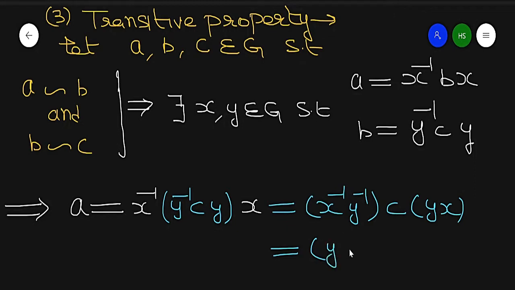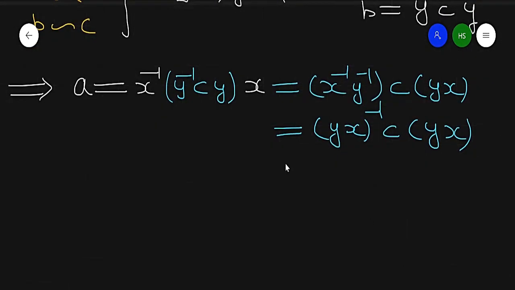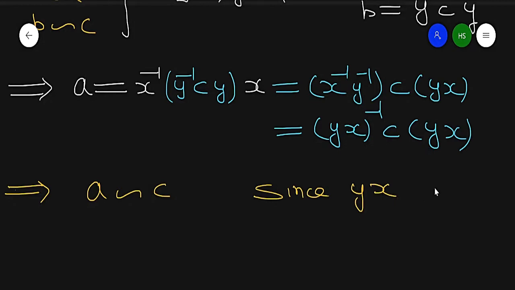So this can be written as YX inverse C into YX. So A can be written in this way. Since X is an element of G and Y is an element of G, A is related to C, since the product YX is an element belonging to G. So it proves the transitive property.